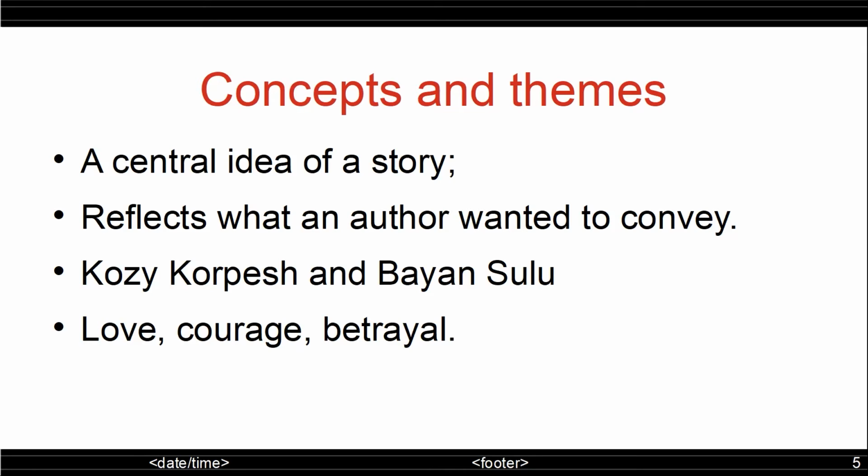And also it is about courage, because they needed to have courage in order to be together. And it is also about betrayal that led to the tragic end. So these three concepts, love, courage, and betrayal, can be considered the central ideas around which the story was built.